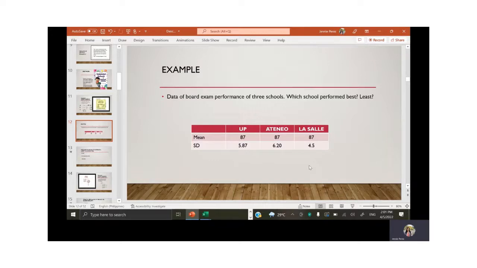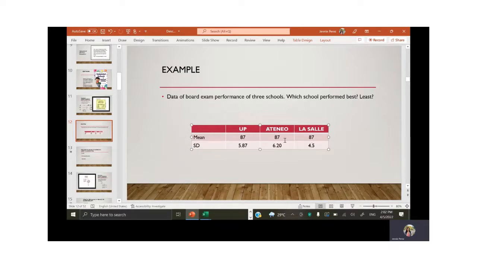This means that the scores of LaSalle students who took the board exam were the most homogeneous, mas magkakalapit ang kanilang mga scores compared to Ateneo and UP. And the best performing is LaSalle and the poorest performing is Ateneo.